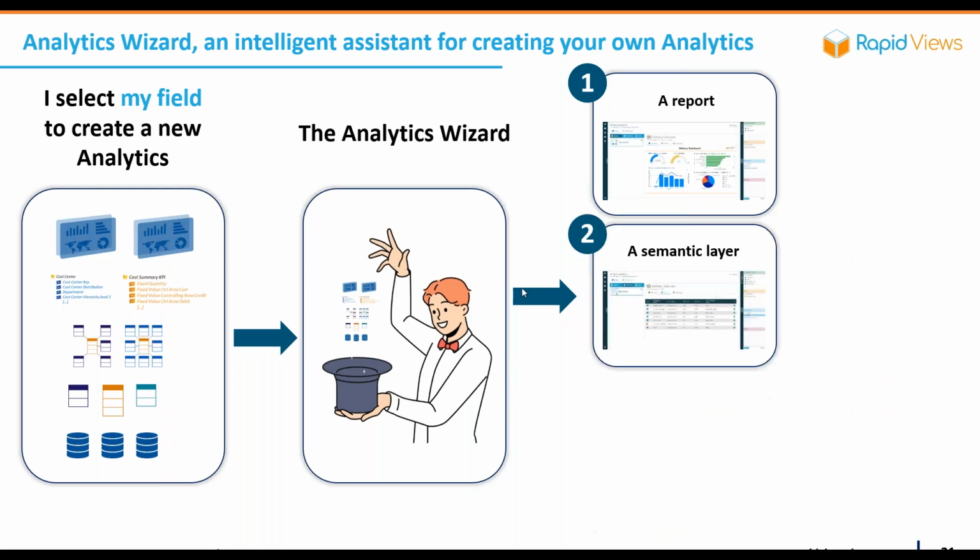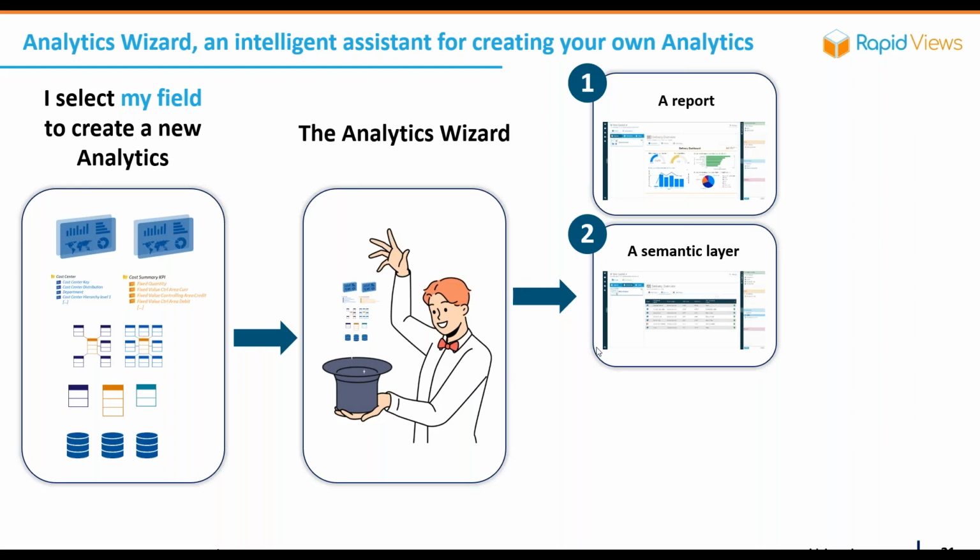If not, it could tell you if a semantic layer, a data model, a data set, a universe already exists that contains all these different components. So in this case, you will just need to open your reporting tools, access your semantic layer, select the field and build your report.